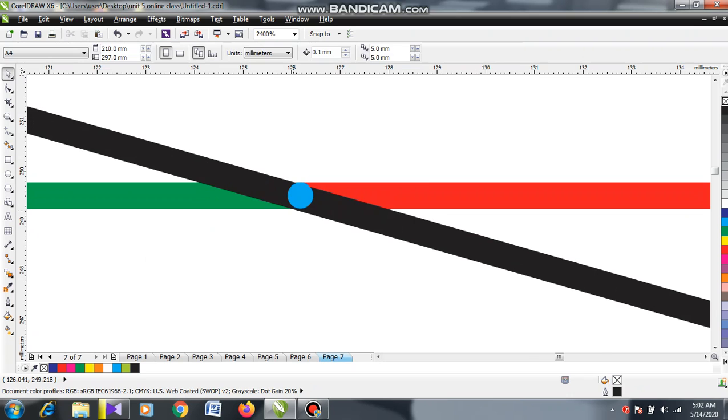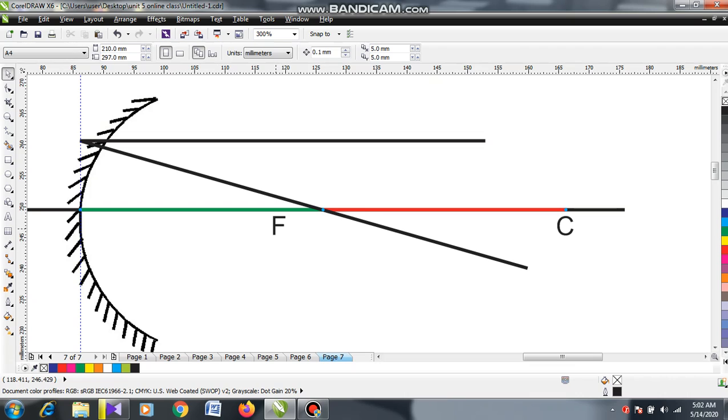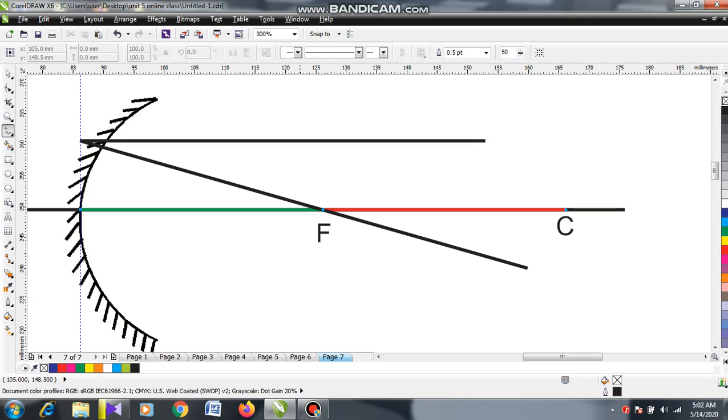I'm not making it bigger than that. So here is the focal point. See the way I am sending the light ray up to the optical axis. So let's draw the arrows here.